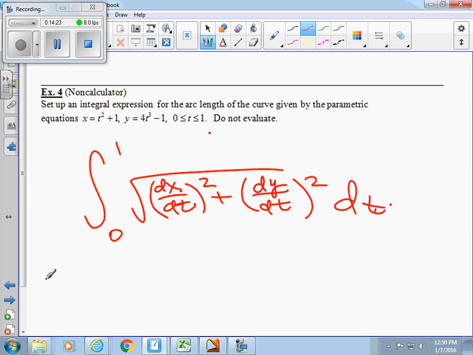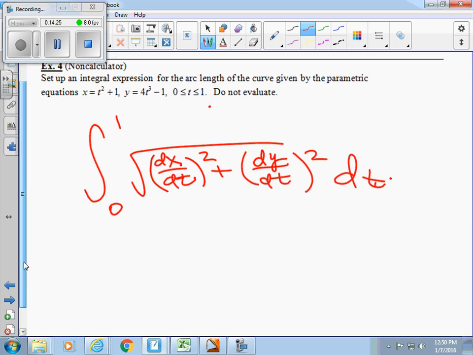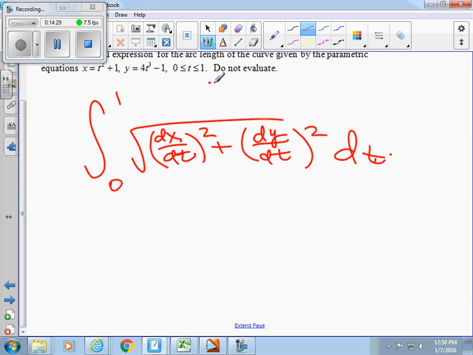Okay. Correct? And it does say do not evaluate, which is nice if it turns out to be a yucky integral. A lot of these will probably end up on the calculator part of the exam, so you'll set it up and then type it in, or they'll say set up but do not evaluate. So I have the integral from 0 to 1 of the square root.